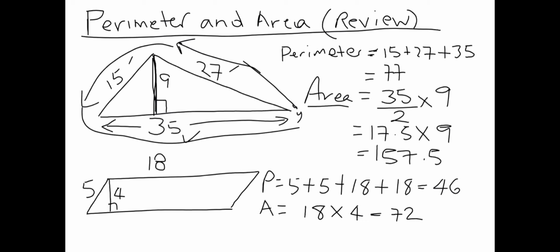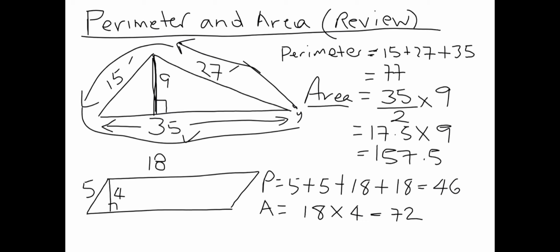It doesn't matter which way it's turned. If the triangle is turned upside down, right side up, or sideways, it's always going to be the side that meets the vertical line at a right angle. So we're saying 35 divided by 2 times 9 will give us 17.5 times 9, which is 157.5.